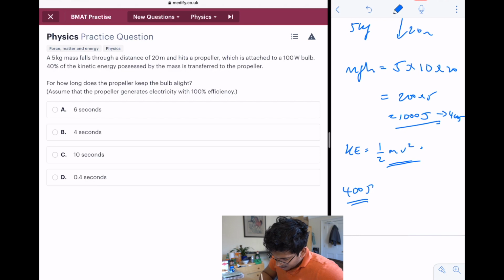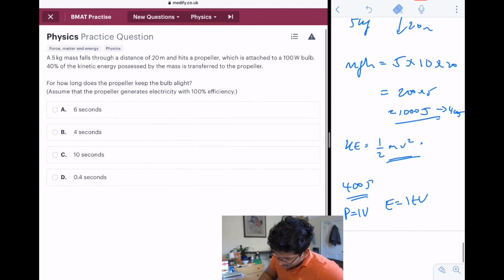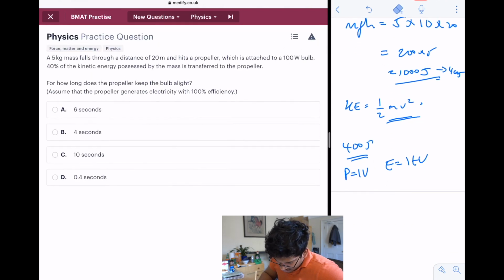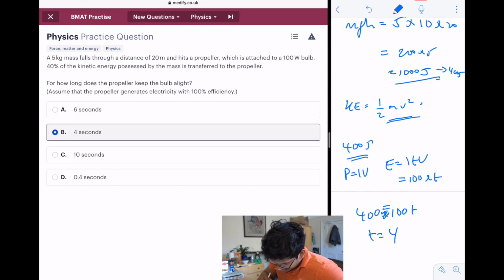So, a 100 watt bulb. P equals IV, E equals IVt. It's a 100 watt bulb, which means 100 times t. Energy: 400 equals 100 t. Therefore, t equals 4 seconds.